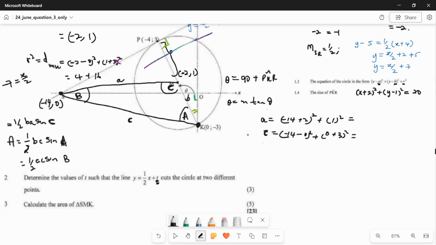So for my a, I'm getting the square root of 145. And then for my c, I'm getting the square root of 205.